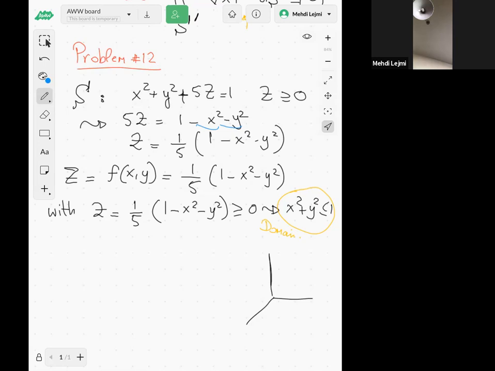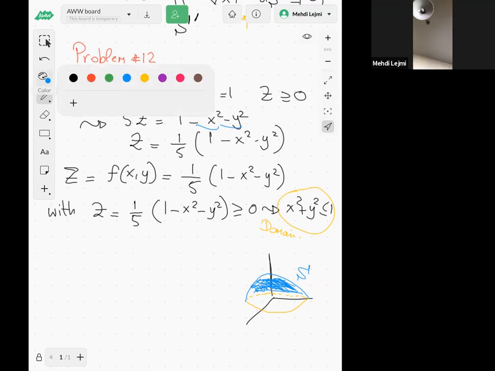So it's something like this. The boundary would be this circle. So here's my surface S. The highest point would be when x and y are both 0, which is 1/5, but it doesn't matter.